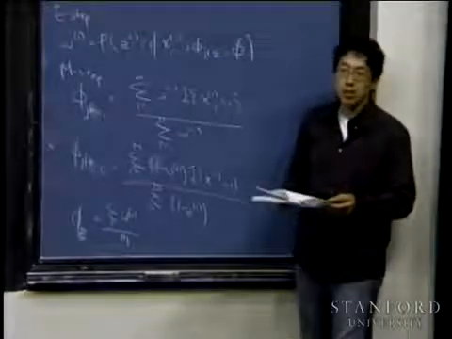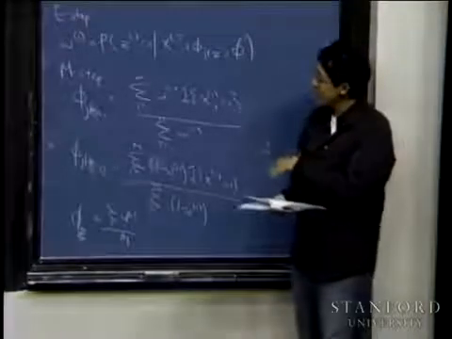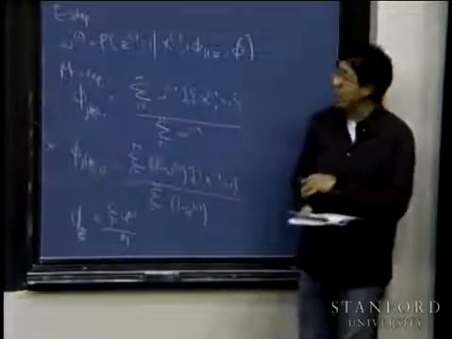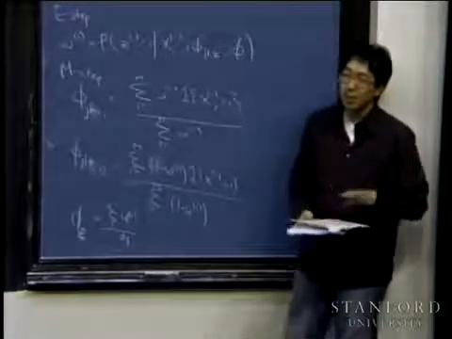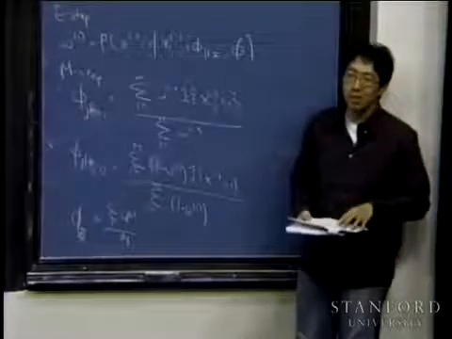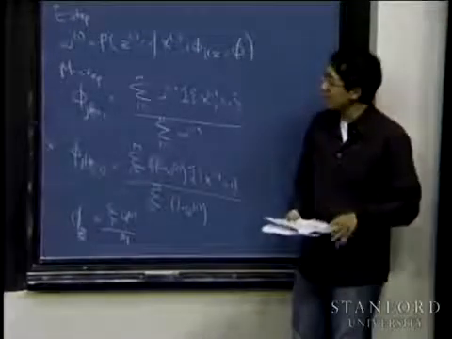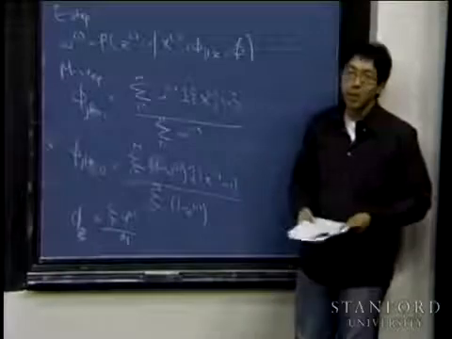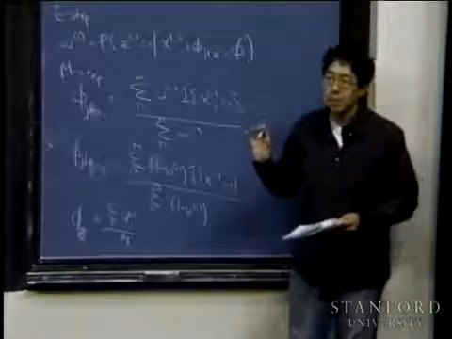Cool. And if some of these equations don't look that familiar to you anymore, go back and take another look at what you saw in naive Bayes, and hopefully you can see the links there as well. Questions about this before I move on?